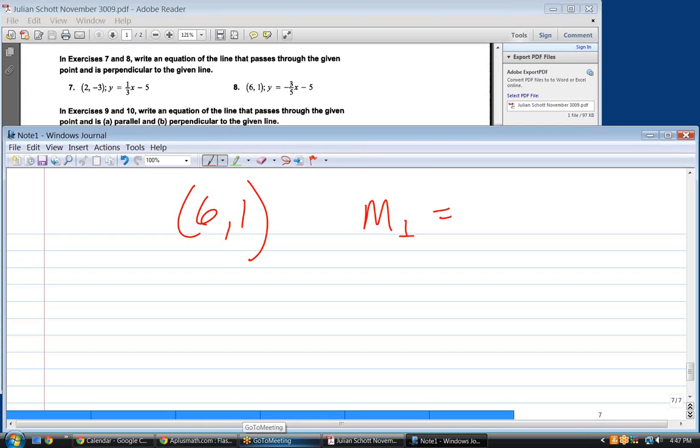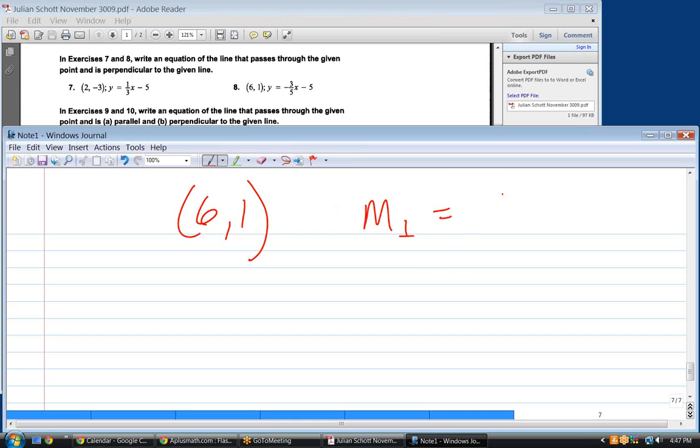Negative reciprocal. Always remember you got to do two things to it. You got to change a sign and you got to flip it. So flip it first. After you flip it, what do you get? 5/3. And now change it, well, you did both at once.